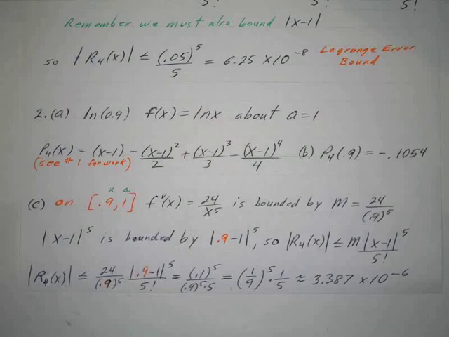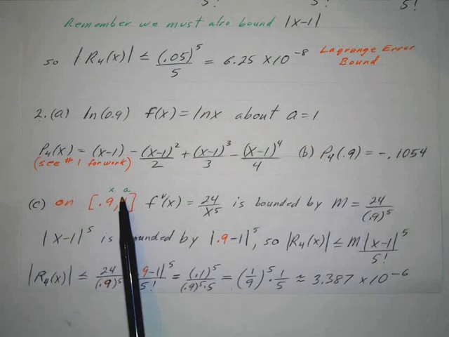And again, this was my 5th derivative, which is the same as from number 1. And we're going to bound that by m. And again, this is decreasing, so I'm going to use the left endpoint. So now it's going to be 24 over 0.9 to the 5th, because it's decreasing, so I'm going to use the left endpoint. And the top is going to be bounded by 0.9, not the right endpoint, because the top, if I put 1 in here, 1 minus 1 is 0.